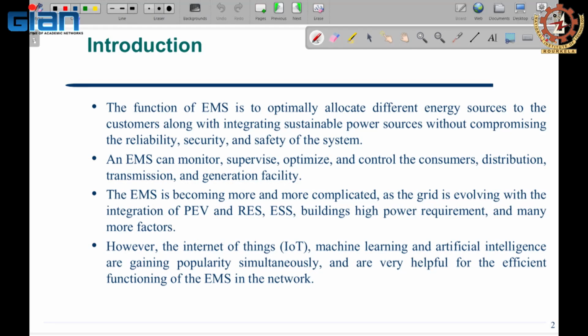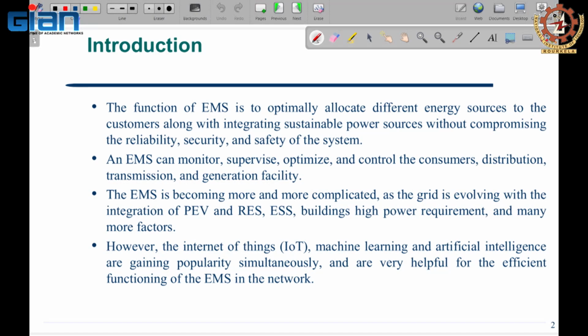So basically, an energy management system is the optimum allocation of the different renewable energy sources, mainly using this sustainable power system, ensuring the reliability, security, and safety of the system.